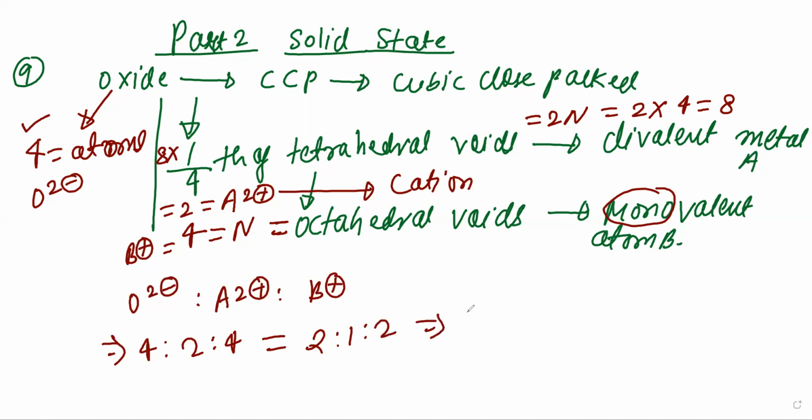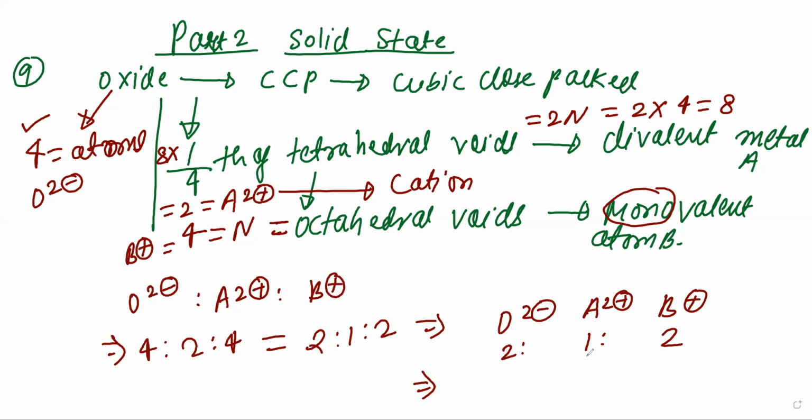So for O2 minus we are getting 2, for A2 plus we are getting 1, and for B plus we are getting 2. Now swap the oxidation states. So what will you get?